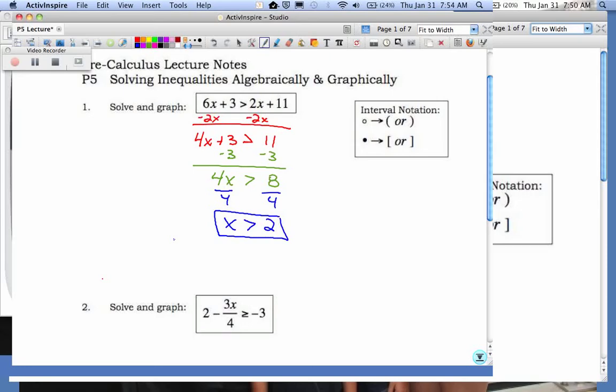It is no longer one value, right? It's all the x's that are greater than 2. So if you look at the instructions where it says solve and graph, they're not necessarily saying graph it on an xy plane. Really, they're talking about go to a number line. The number 2, let's say, is sitting right here.